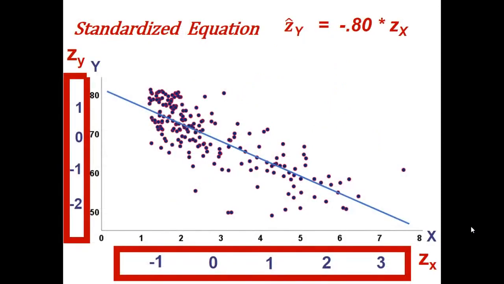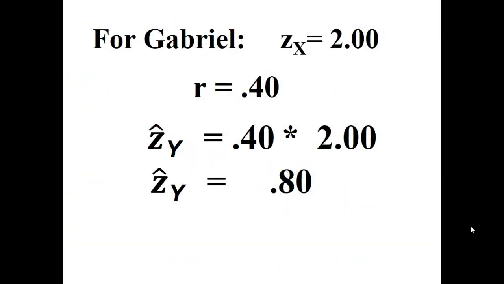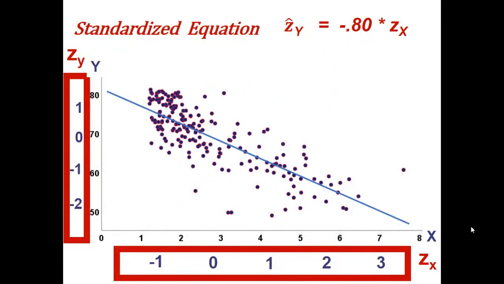Now, I'm going to be showing you other uses for the magic formula, but before I do, let me show you the second regression fact for the standardized regression equation. Now, here's the hybrid scatter plot we've been using as an example. And now I'm going to draw 2 lines and a dot on it. First, I draw a vertical line where the z of x is equal to 0.